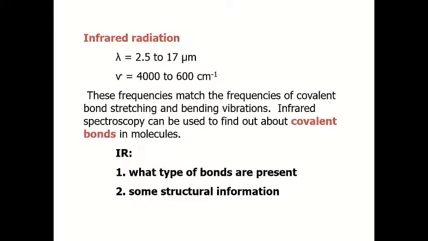Hence, infrared spectroscopy can be used to find out about covalent bonds in molecules. From IR, we can answer two key questions: what type of bonds are present, and we can also come out with some structural information from the type of bonds that we have in the molecules.